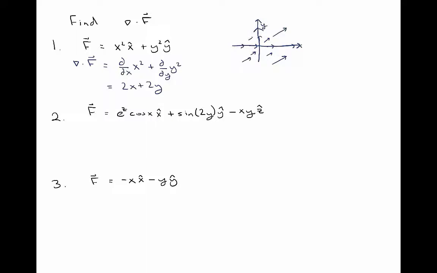But it's going to be bigger the further away from the origin you get. And this says it has positive divergence in this quadrant. It says it has negative divergence in this quadrant.